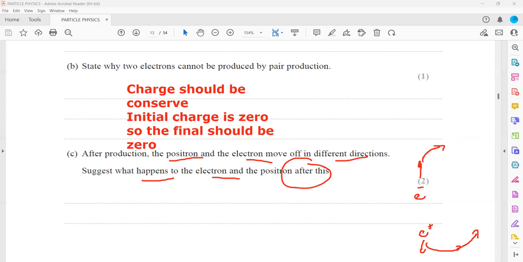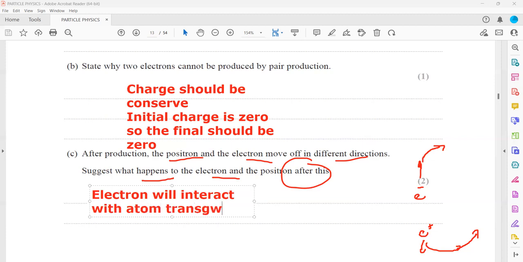Annihilate means when matter converts into energy, when a particle and antiparticle interact. We call that annihilation. So what will happen? The electrons will interact with atoms and transfer energy. That is one possibility.